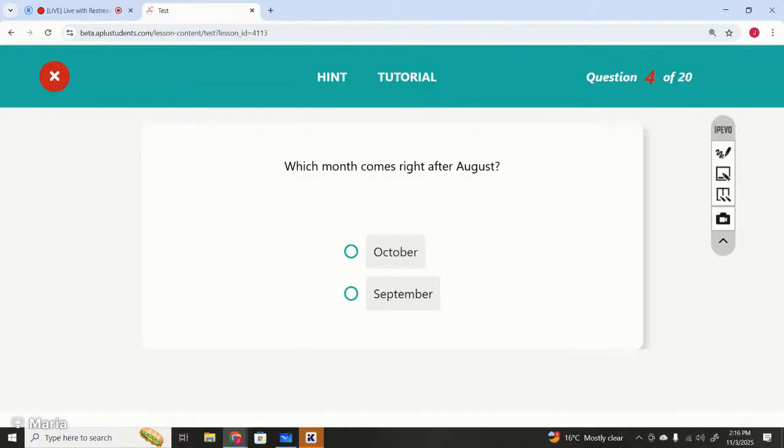Which month comes after August? After August, it is September. Option number 2 is the correct option. Which month comes just after March?